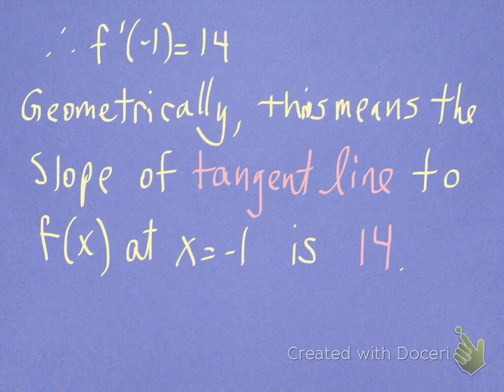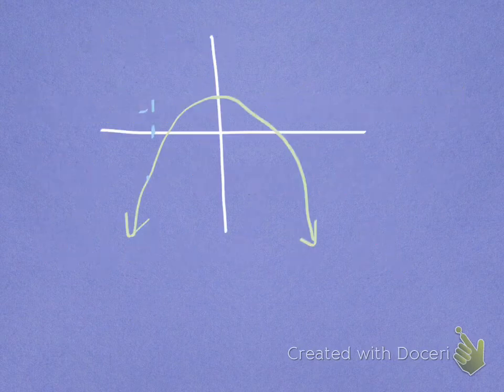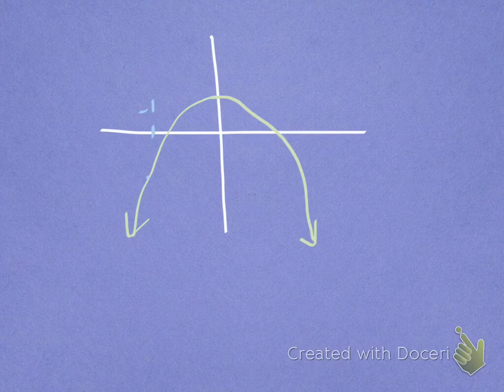And let's just sort of convince ourselves that at least that is somewhat reasonable given the confines of my slightly inadequate drawing. So f of x equals negative 7x squared plus 1 is a parabola that faces down and is shifted vertically 1. And what we're calculating is the derivative at negative 1.